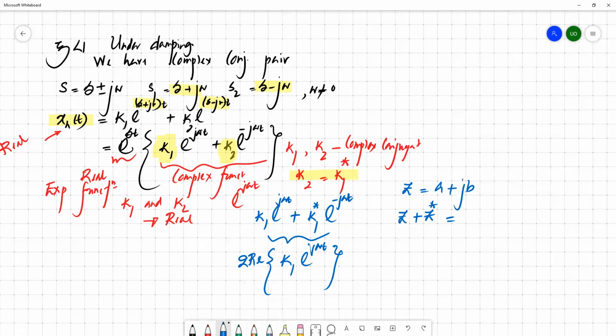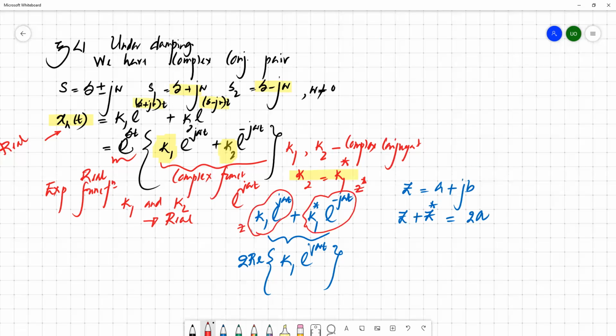This is equal to a plus jb plus a minus jb, so this equals 2a. This is a complex number z, and this is its conjugate.